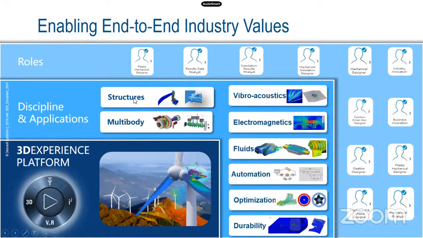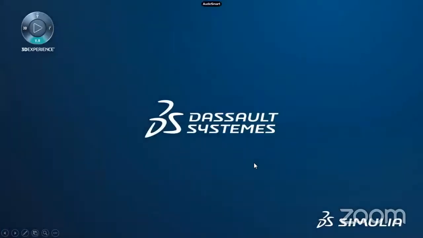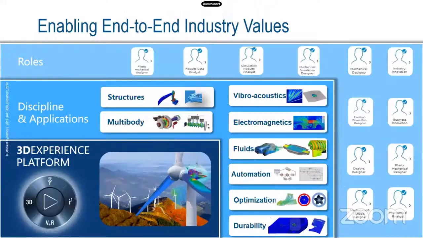The options available are structural analysis, multi-body dynamics, vibroacoustics, electromagnetics, fluids, automation, optimization, and durability. Automation means parametric optimization. Everything is a different app, and we sell the roles. For a particular role, we can do a particular type of analysis and design things based on our requirements, everything together.